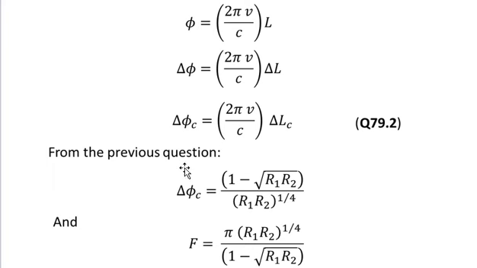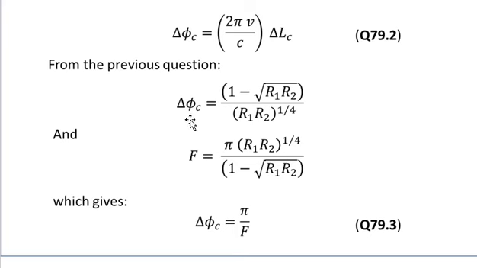From the previous question, that is from slide number 78, we have found this expression: delta phi c is equal to 1 minus square root of r1 r2, divided by r1 r2 raised to the power 1 over 4. Capital R1 and capital R2 are the power reflections of glass plate 1 and glass plate 2 respectively.